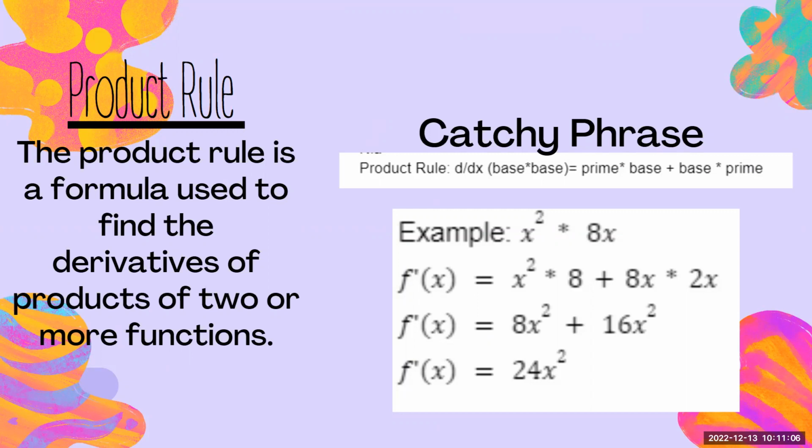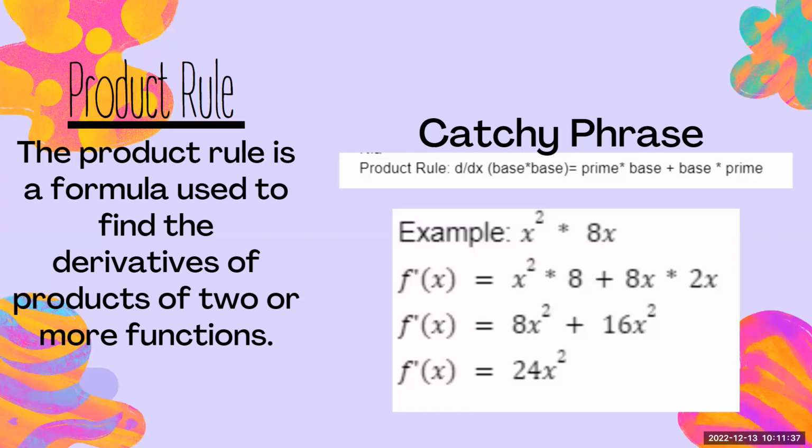So getting to the simplified f prime of x, we will do x to the second power times 8, because we simplified the 8, so it became a prime, plus 8x times 2x. We simplified the x to the second power to 2x using the constant rule.